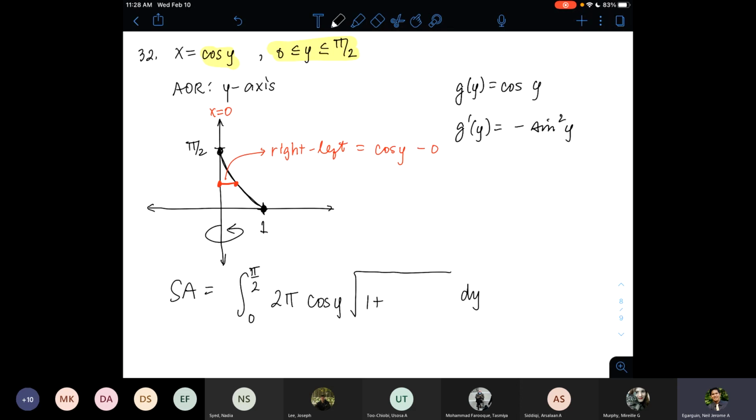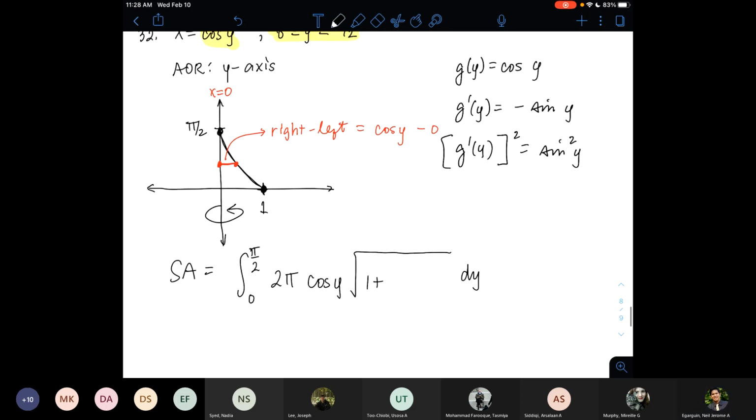You take the derivative with respect to y, so no need for the chain rule here. So g prime of y, quantity squared, would be sine squared y. So here we'll have sine squared y.